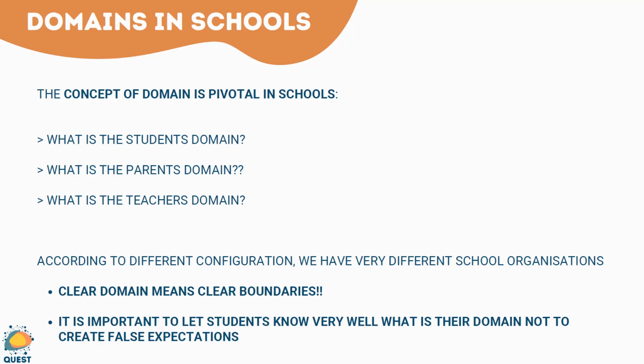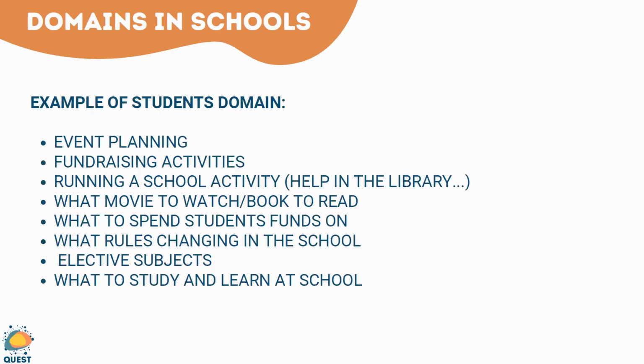Some schools started with involving students in sociocracy, saying, yes, we will all decide together, but then they realized that they couldn't give as much power, as big a domain, to students, and this created a big disappointment and breach of trust.